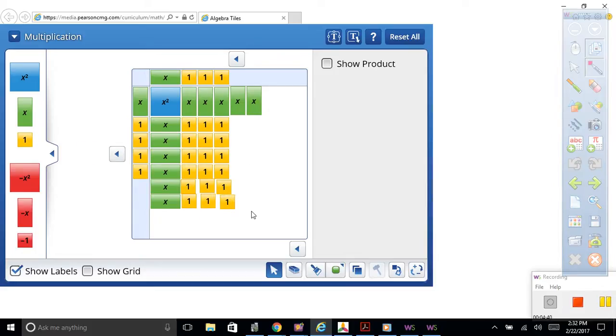So I can't add any more units, which means I can't actually finish this rectangle the way that I've done it now. So I'm going to have to play with it. I'm going to have to change some things around. So maybe we move some more of these tiles down here, because again, the area is an x squared tile plus 11x tiles plus 18 unit tiles.